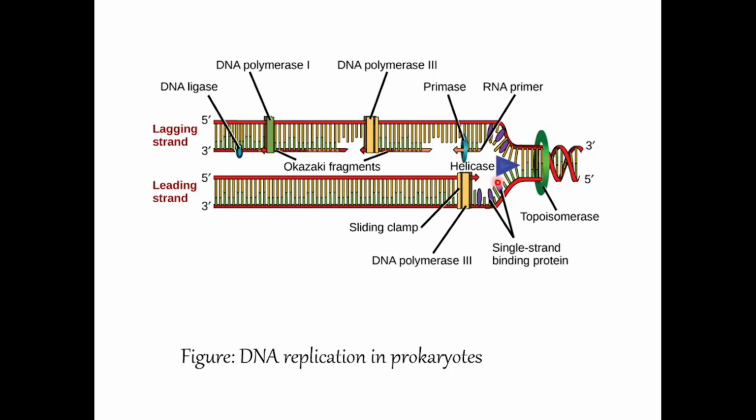Since the strands are antiparallel, this strand will be from 3 to 5. So it will come and synthesize like this. Then after it finishes, it comes again and synthesizes, and again, toward the replication fork. So the gap will be formed. This gap will be filled by the DNA ligase enzyme. This is the DNA ligase enzyme.